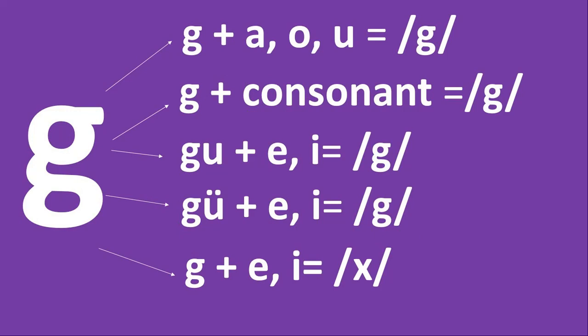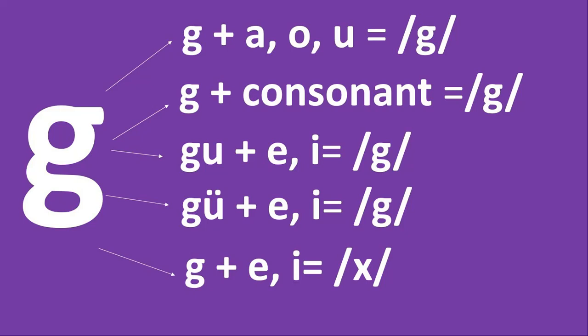This sound is also produced when this letter is followed by the vowel U, with which it forms, before the vowels E, I, a digraph. In this case, the U is not pronounced. But when this vowel has diaeresis on it, it is pronounced.